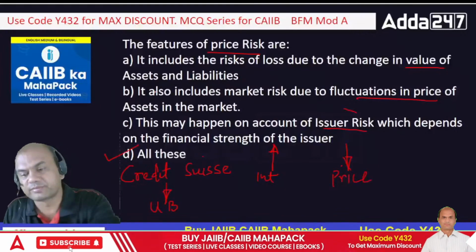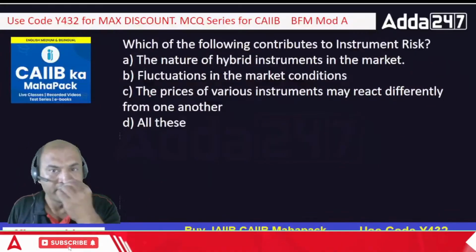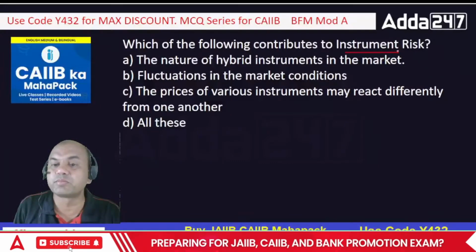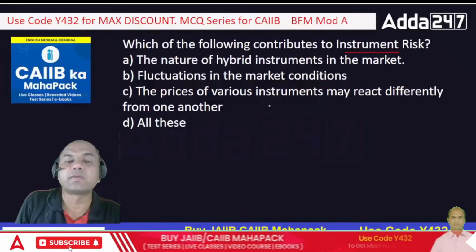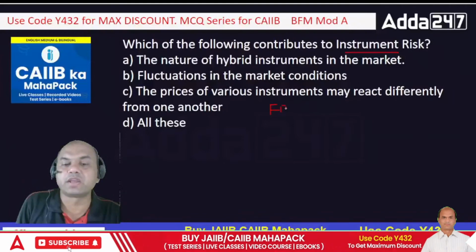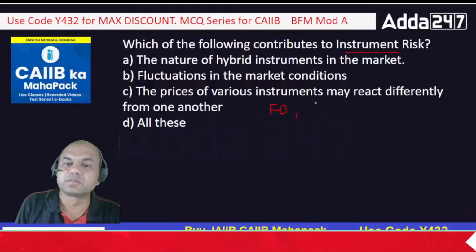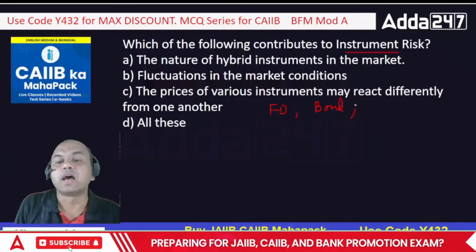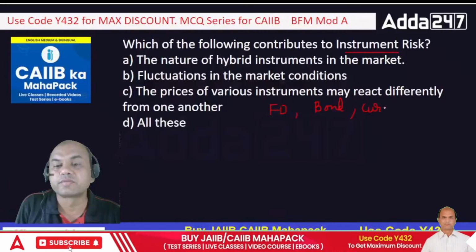Right? Clear? Which of the following contributes to instrument risk? Instrument means bond. See here. Suppose I have this FD in my hand, FD is an instrument. Suppose I have a bond paper in my hand, a bond is an instrument. I have a currency note, a currency note is also an instrument.